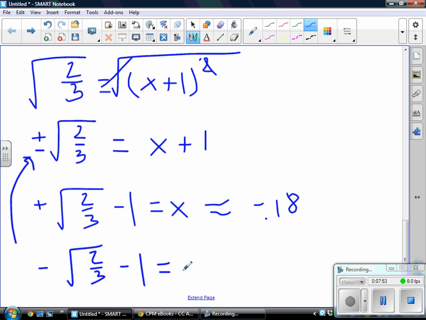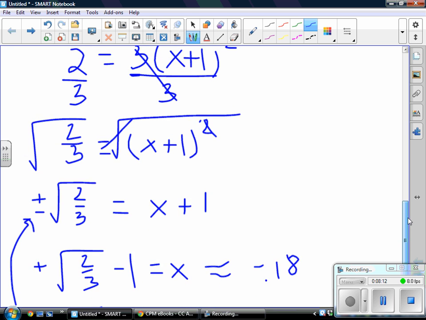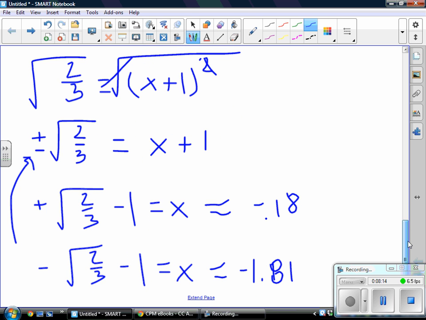So I take the negative square root of 2/3, take away 1, and I'll have approximately -1.81. These are going to be approximations in our graph. You can also double check this by plugging your graphing form and the standard form into your calculator and seeing if you get the same graph.